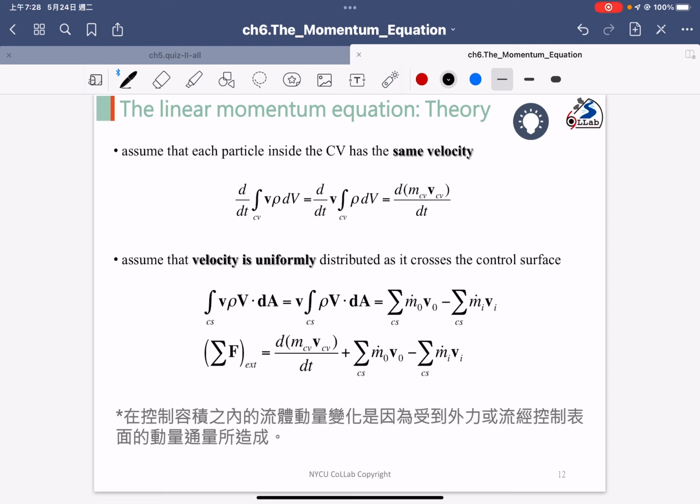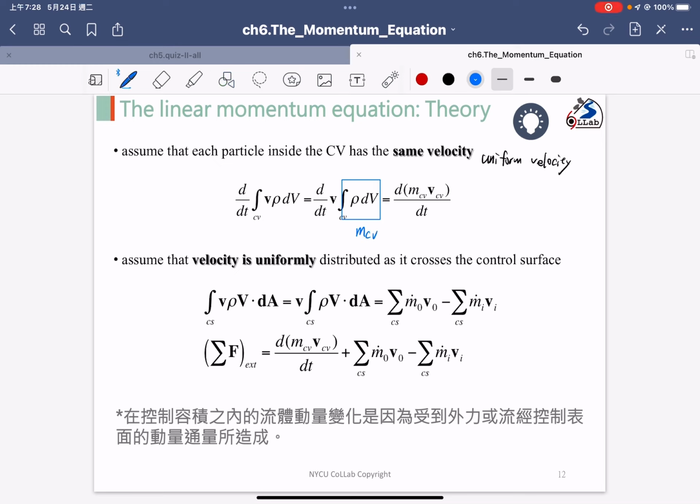Okay, so sometimes we have integration problems, but if we assume the flow velocity is uniform, then for the integration problem here, we can take the velocity V outside of the integration operator. So only the remaining part inside is equal to m_CV, right?